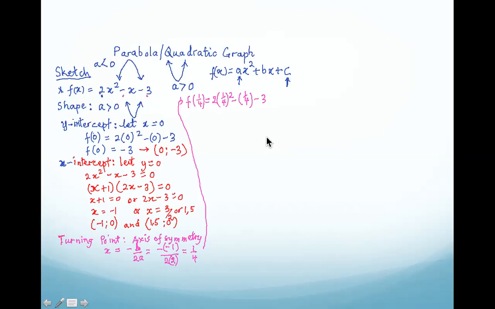When you do your substitution into the equation, obviously you are going to get -25 over 8, which can also be a decimal, or -3,125. Now, we need to write this properly. What about the 1/4?